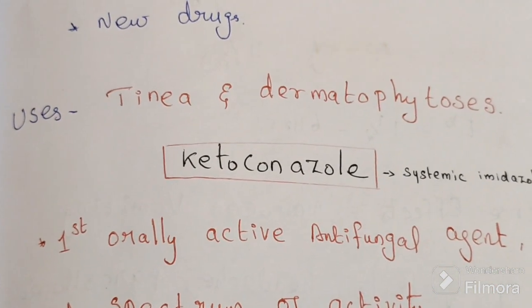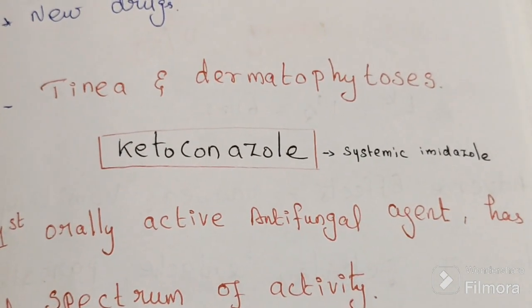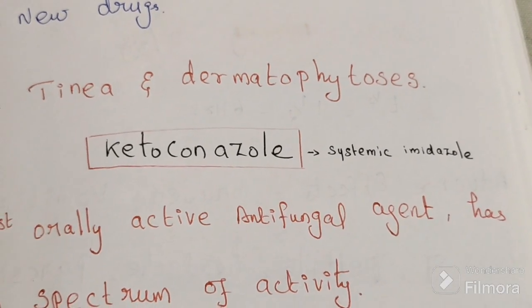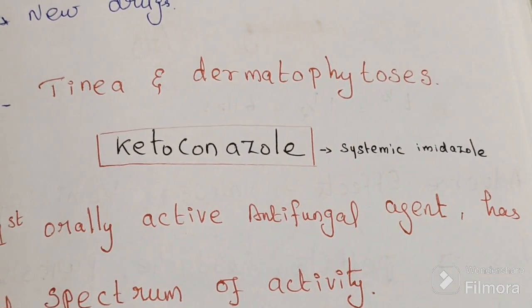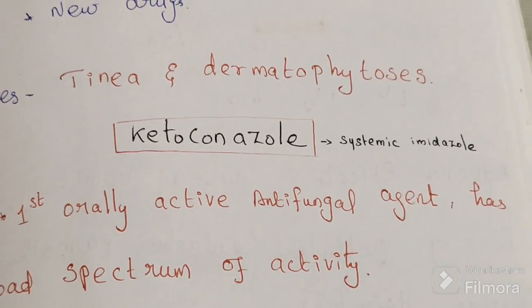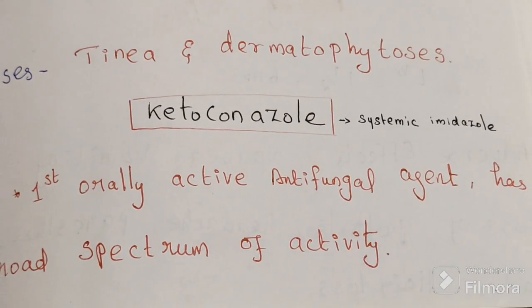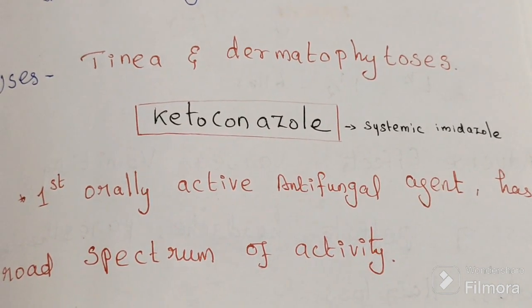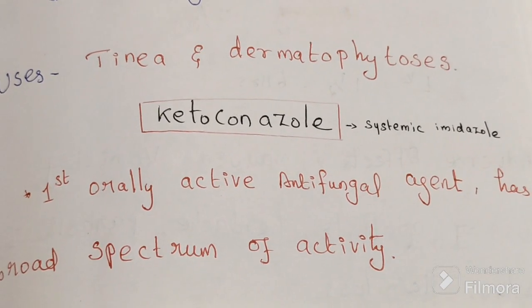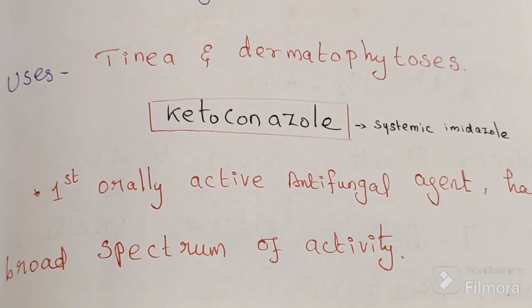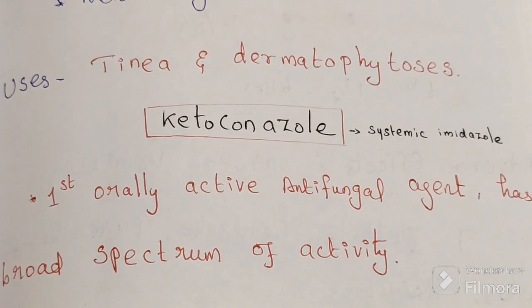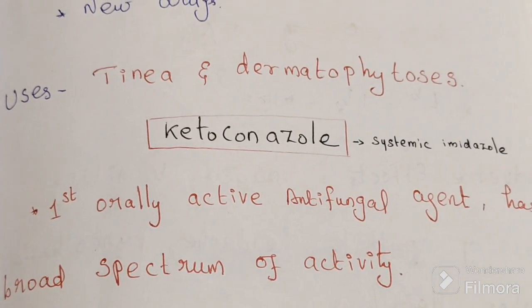Next drug, ketoconazole. Now the systemically acting imidazoles include ketoconazole. It is the first orally active antifungal agent, which has a broad spectrum of activity.